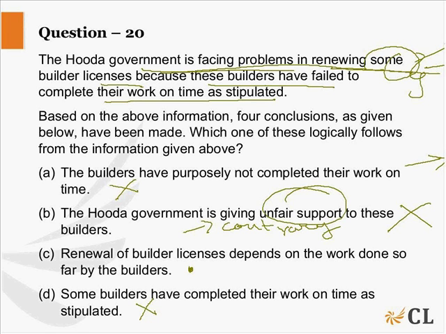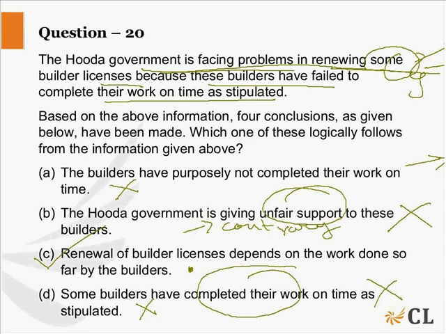You know, that might happen. So I cannot say that D is correct, because D says some builders have completed their work on time. No, not necessary. Renewal of builder licenses depends on the work done so far by the builders. Yes, definitely. Because that is why the government is facing a problem. So I hope this question number 20 is clear.